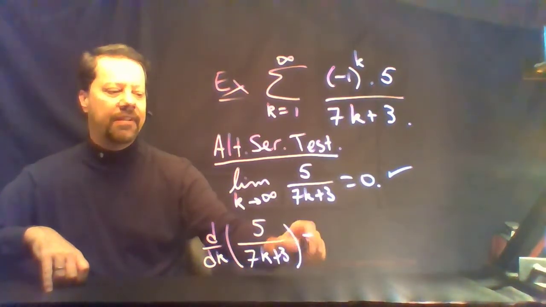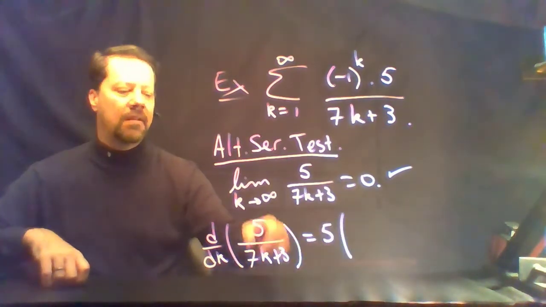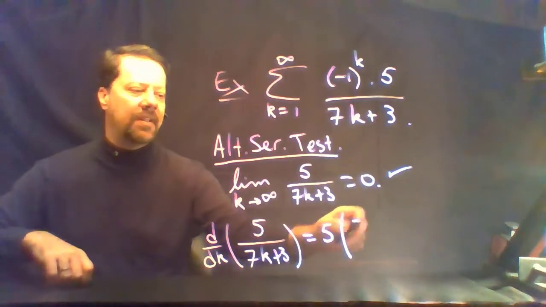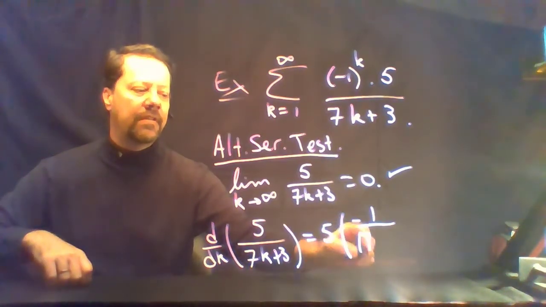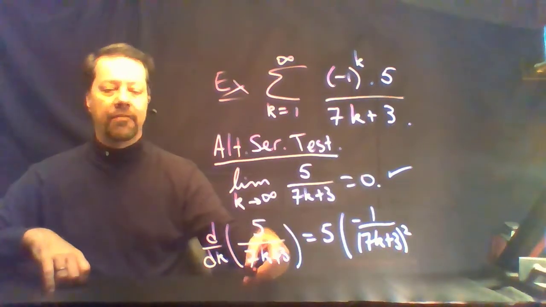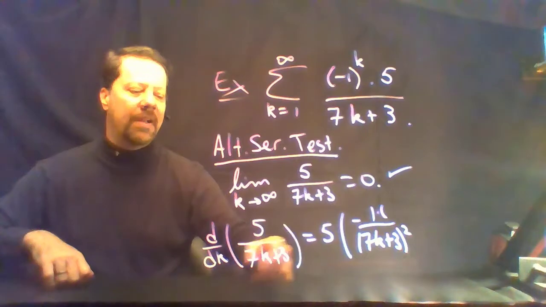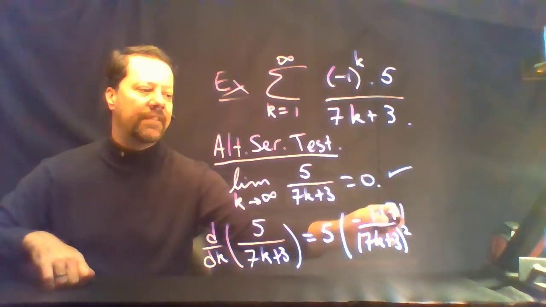When we take the derivative, this 5 doesn't really matter. The derivative of what remains is negative 1 over 7k plus 3 squared, because the derivative of 1 over x is negative 1 over x squared. But you need to multiply by the derivative of the inside, which is 7.